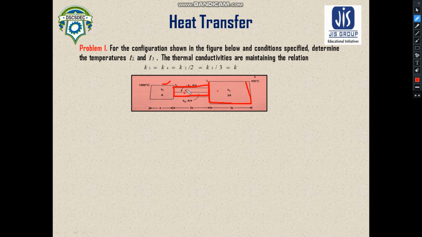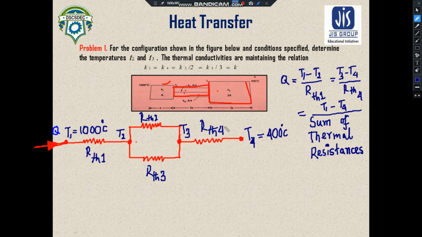But within this combined wall, there are two different walls arranged in parallel. So we need to create an electrical circuit to define the heat transfer going on here. Give me some time and I will draw the electrical circuit for you, and then we'll go on to the explanation.